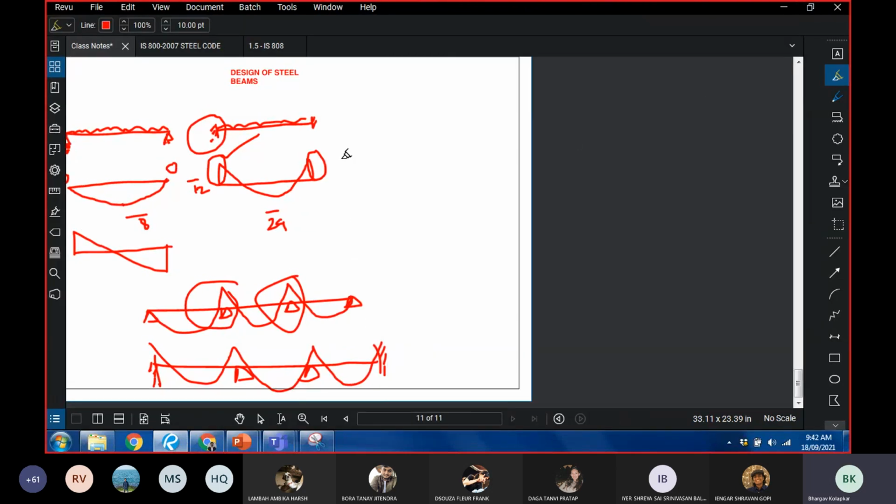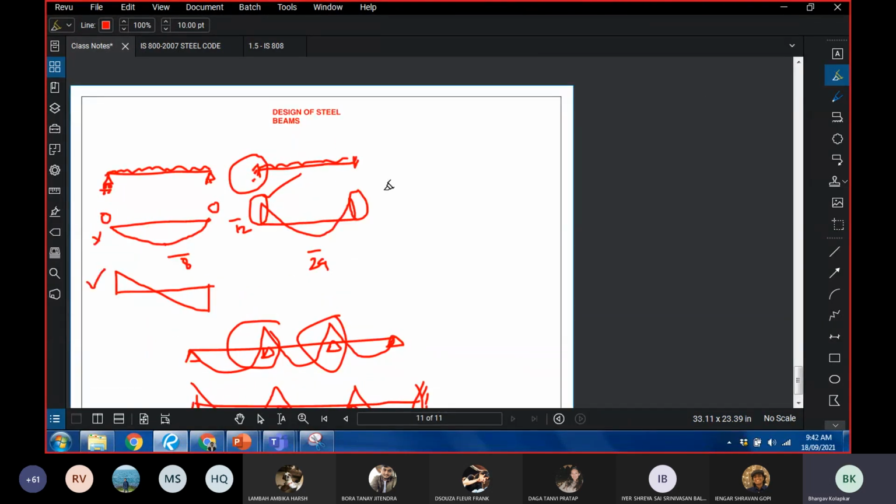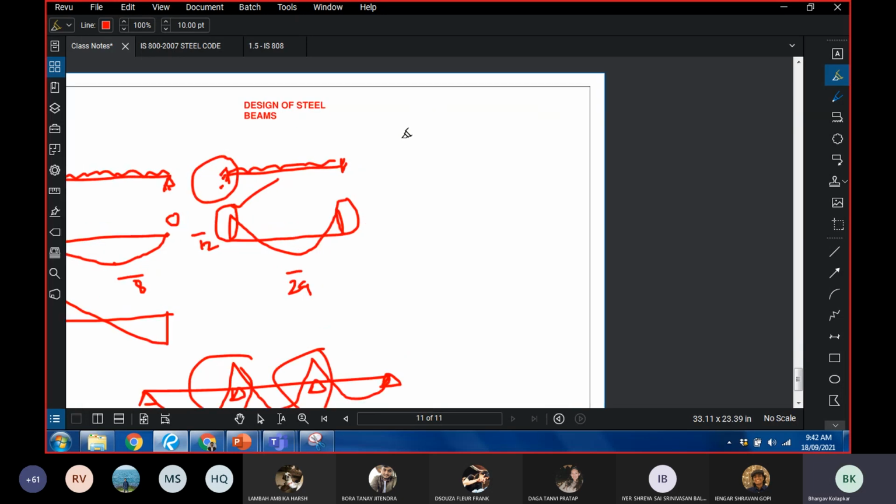Like we're talking about bending stresses and we're talking about shear stresses. Now, suddenly from where have the compressive stresses come into picture? Bending stresses are nothing but compressive and tensile stresses. Now, she answered it correctly when she said that the top flange might experience compression. Yes, if it's a simply supported beam that is loaded at the top, this is the neutral axis.